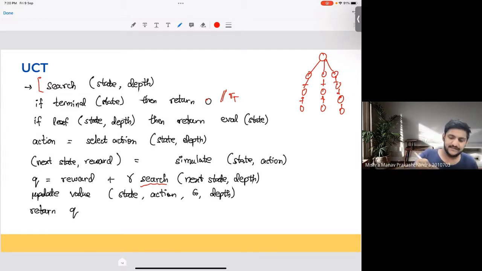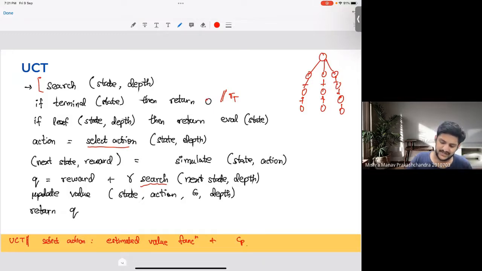So my UCT algorithm typically looks like this. The select action is done by taking the estimated value function that you have at that particular time instance, plus you add this uncertainty term.